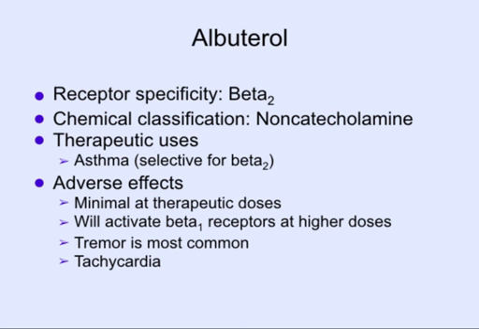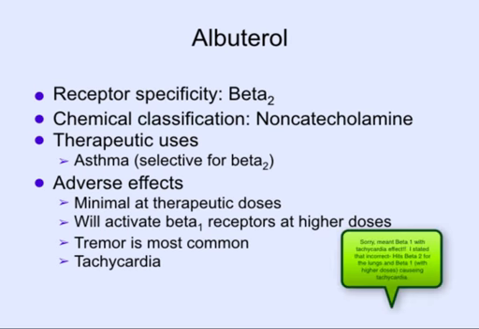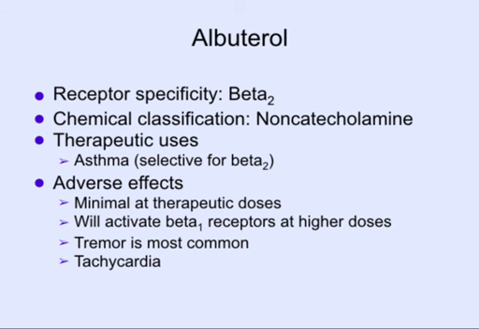Like I said, tremor or hyperactivity can be common when you're at the higher doses. It can cause tachycardia because it can hit that beta 1 a little bit. It's not wholly selective to beta 2, so there's a little bit of beta 1 activation, and then you get tachycardia with it.